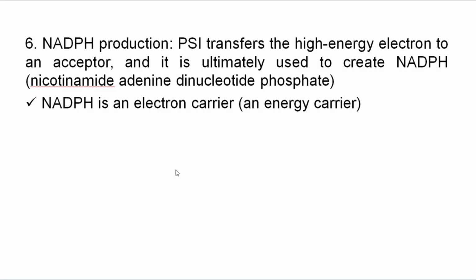NADPH production. Photosystem 1 transfers the high energy electron to an acceptor, and it is ultimately used to create NADPH, nicotinamide adenine dinucleotide phosphate. So nicotinamide adenine dinucleotide phosphate is the last electron acceptor.